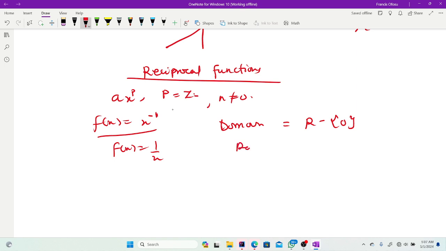Now, what will be the range? Can the range be 0? No, the range can never have 0 in it. So it's also R minus 0. This can't produce 0, and it wouldn't even take 0 as an input.